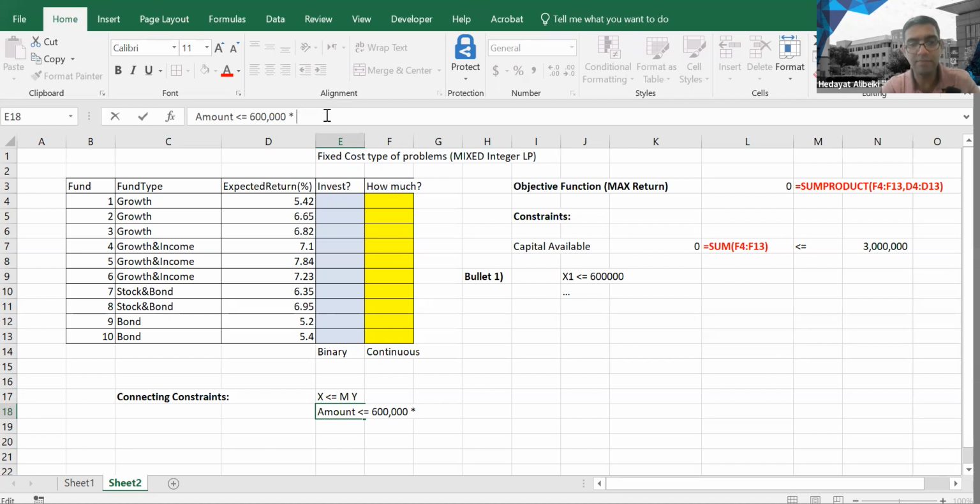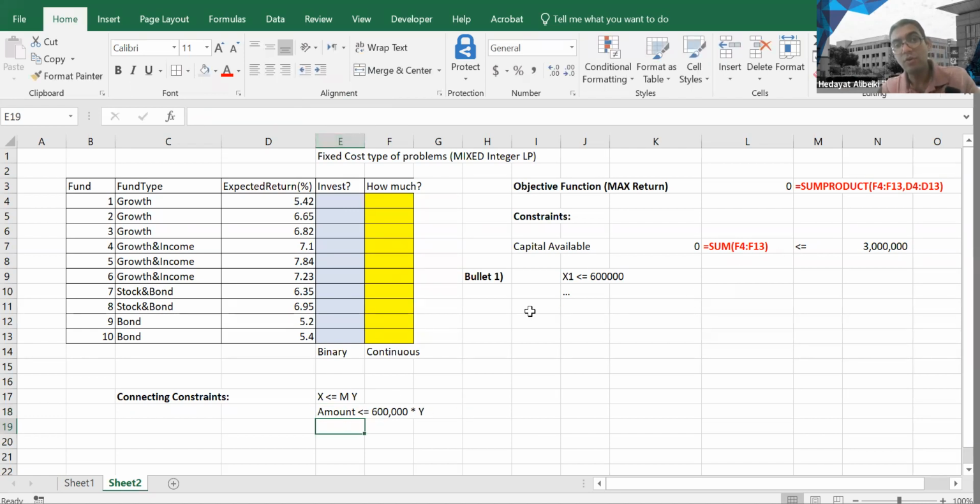Yes or no, an invest or not type of decision. Let's just put this as a yes, no type of decision. You can call this Y and you can call this X and you get this.